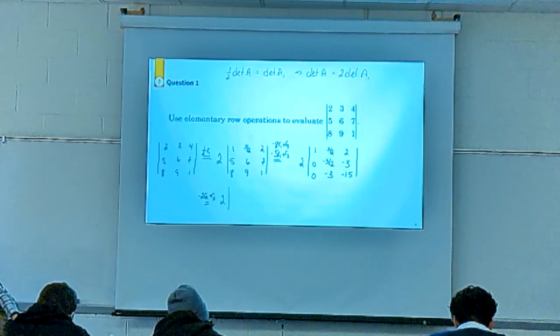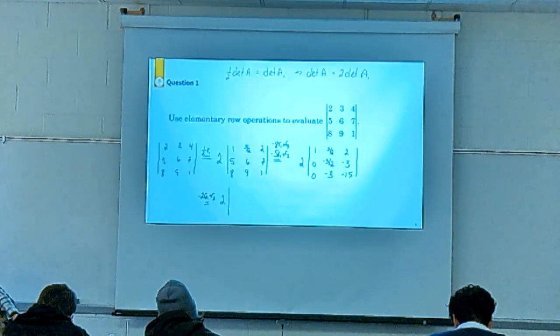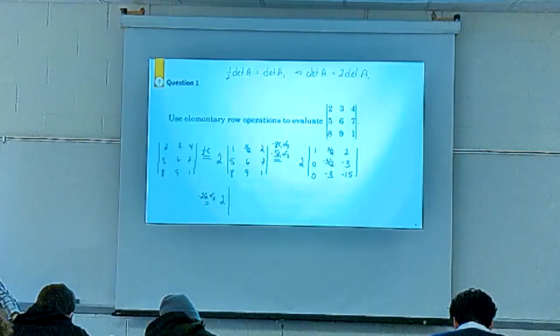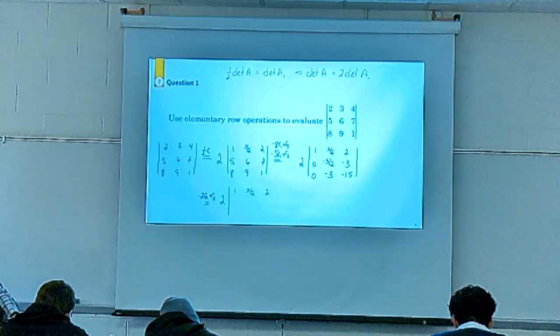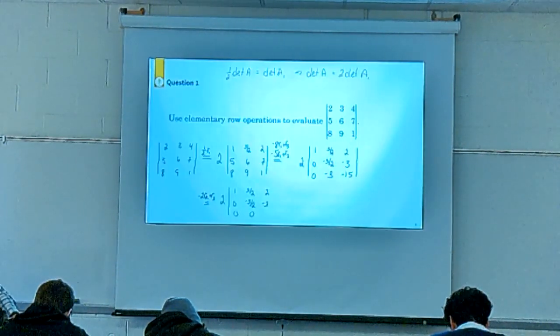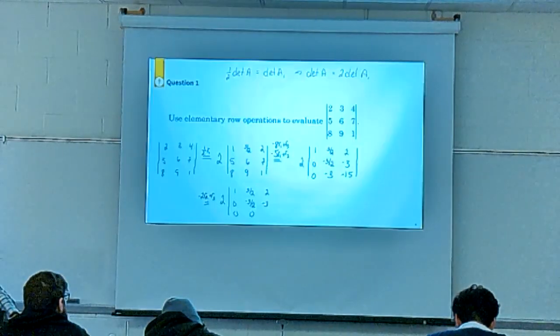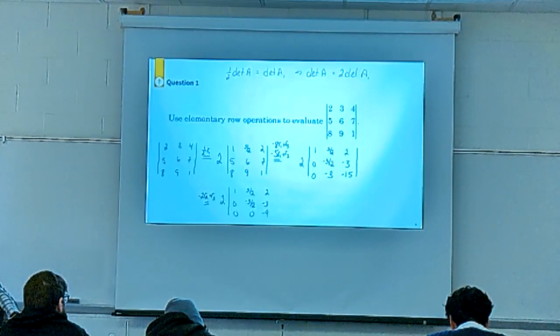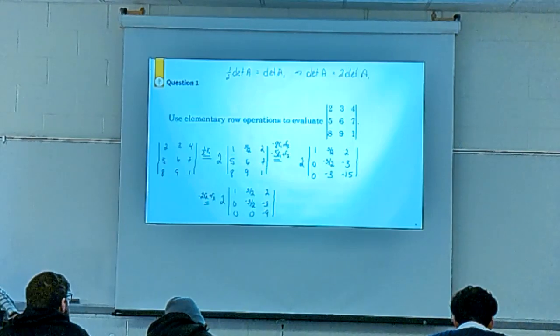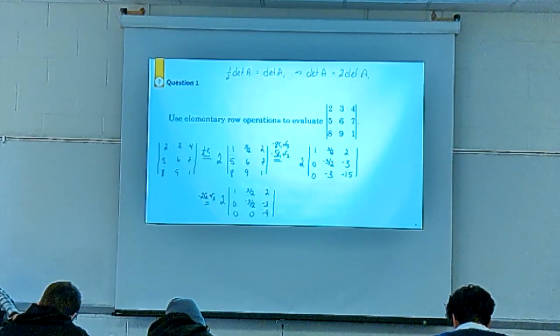Again, it's a type 3, so the determinant doesn't change. And we get 6 minus 15. Triangular form.